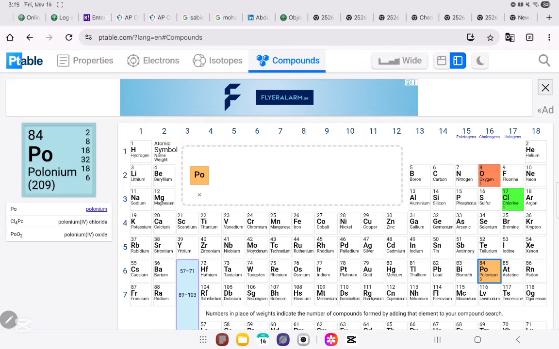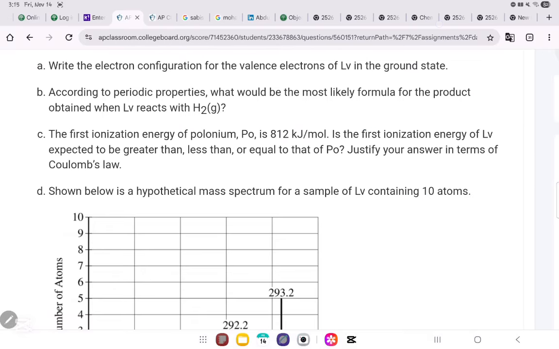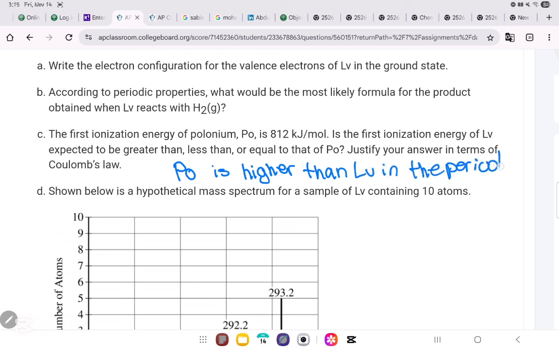So first thing I'm going to do is go back to the AP classroom. I'm going to say that Po is higher than Lv in the periodic table. From this, I can state that Lv has a lower ionization energy than polonium.